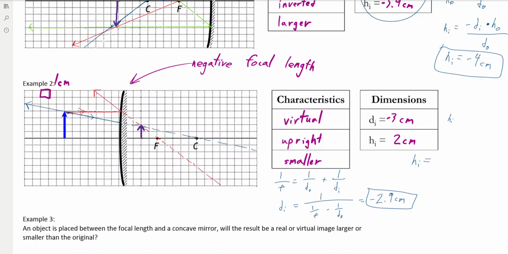So we would have started with HI over HO equals negative DI over DO.